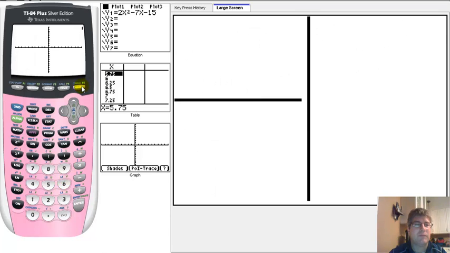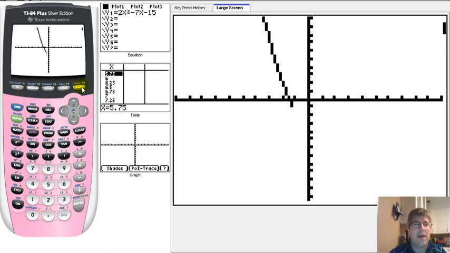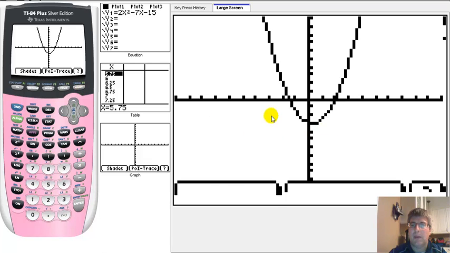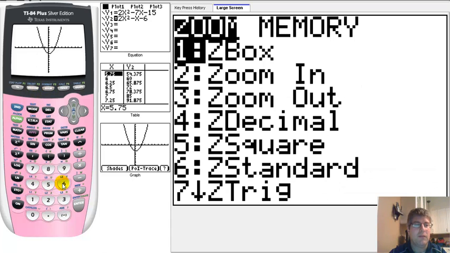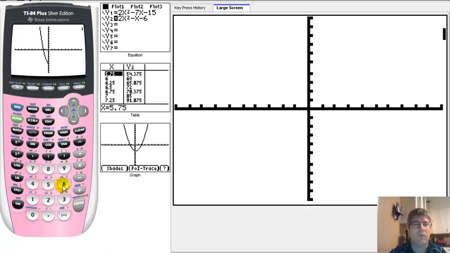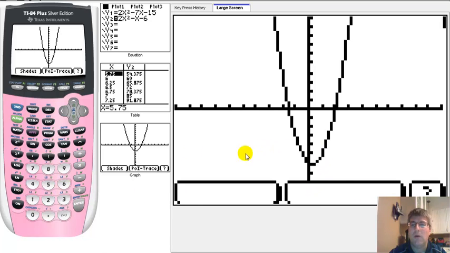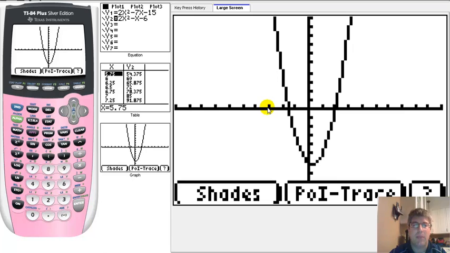And I'll hit graph, and that works inside my current window. Let's hit zoom, standard, take a look at that 10 by 10 window. Boy, it fits in there very nicely.